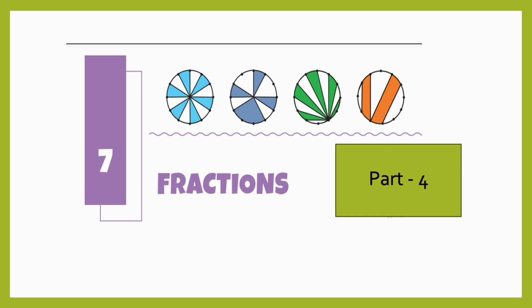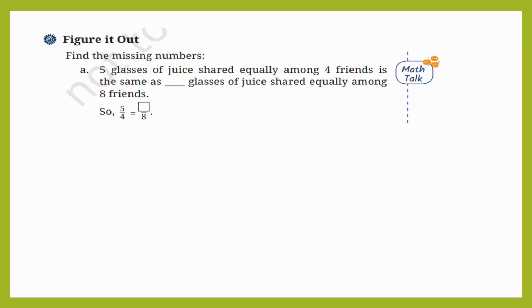Today we will see NCERT Class 6 Maths Chapter 7 Fractions Part 4. Figure it out. Find the missing numbers. 5 glasses of juice shared equally among 4 friends is the same as dash glasses of juice shared equally among 8 friends. 5 glasses of juice shared among 4 friends, that is 5 by 4.